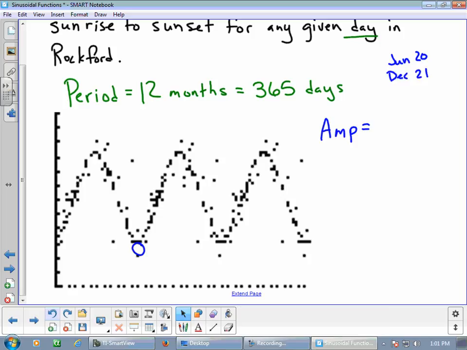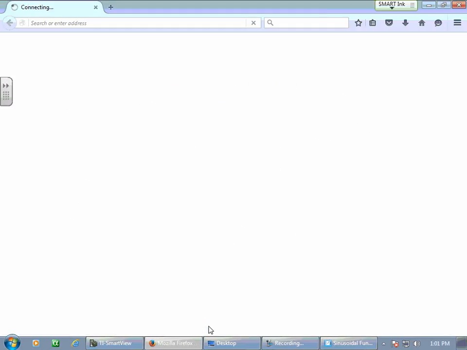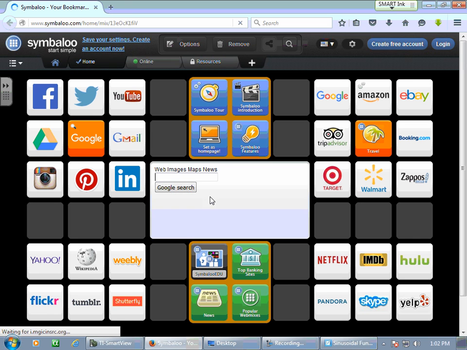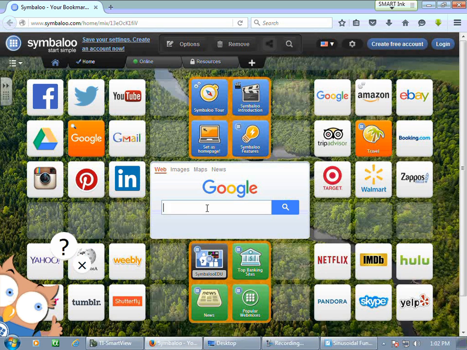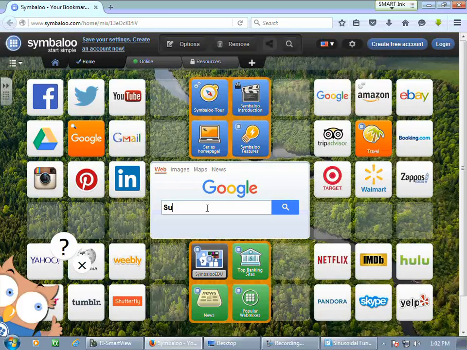Let's find out how many minutes of sunlight we had on those 2 days, shall we? All right. I'll put Siri away. We'll go to Google. Sunrise and sunset in Rockford.